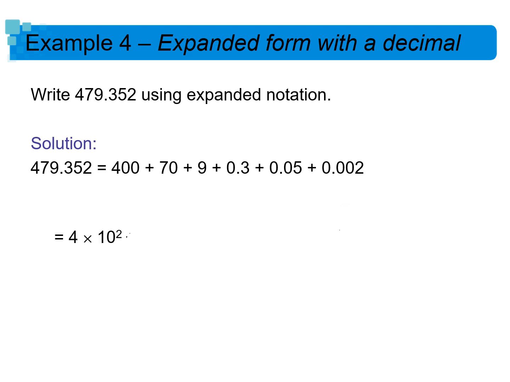So 400 would be 4 times 10 to the second power, plus 70 would be 7 times 10 to the first power. 9 is 9 times 10 to the 0 power. 0.3 is 3 times 10 to the negative first power. 0.05 is 5 times 10 to the negative second power, and then 0.002 is 2 times 10 to the negative third power.